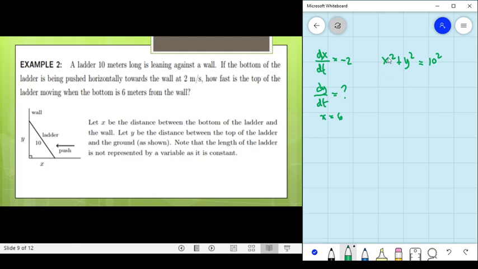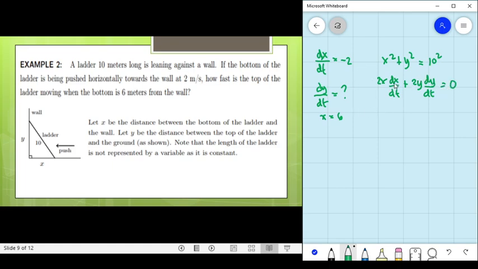And from here we are going to differentiate. x squared becomes 2x dx over dt, plus y squared is 2y dy over dt, equals the derivative of 100, which is 0.